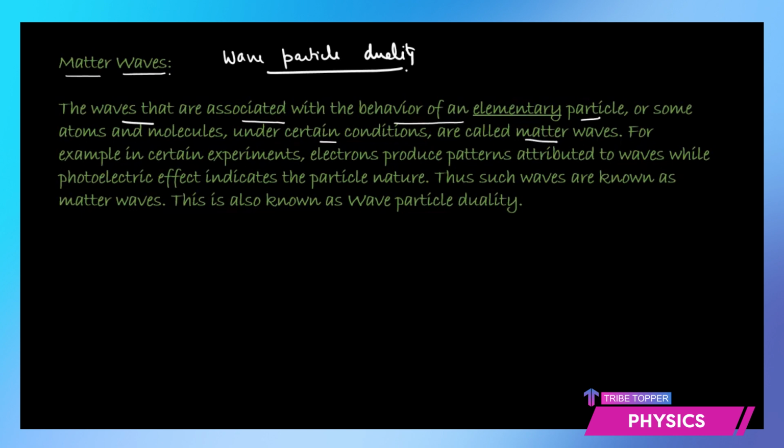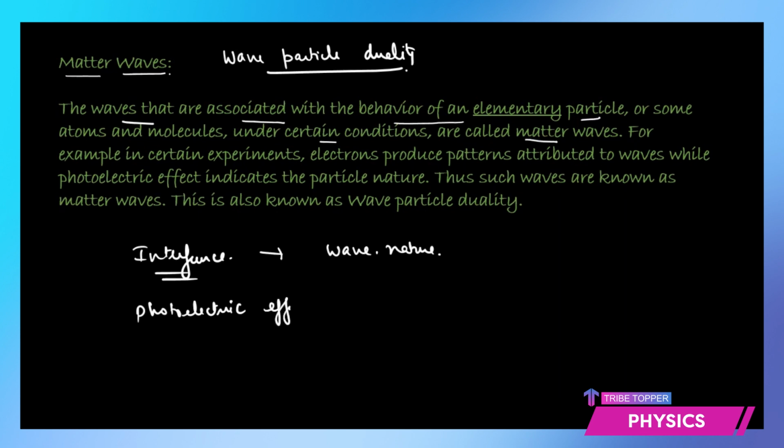Let's say, for example, electrons. They produce interference patterns sometimes when they pass through a certain slit. So this interference is a wave nature. But at the same time, when we talked about the photoelectric effect, we said one photon strikes and it ejects one electron. So the photoelectric effect indicates the particle nature of the electron.